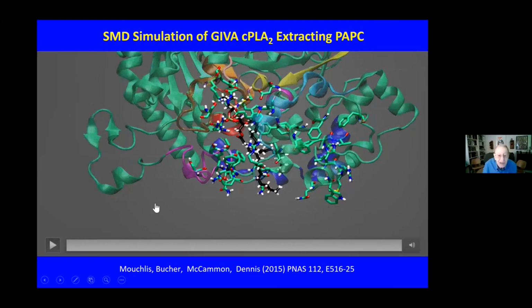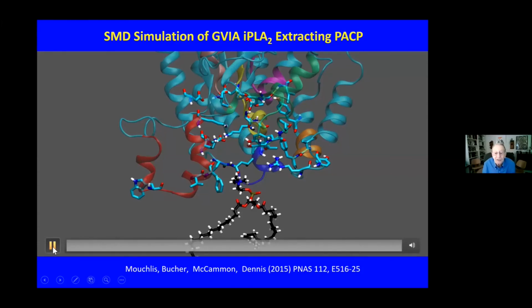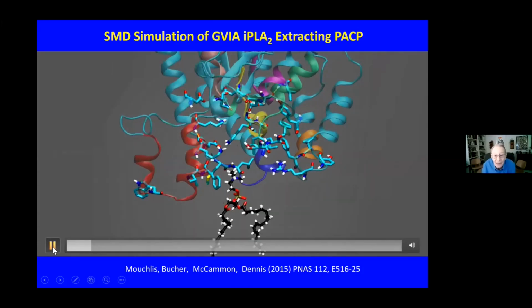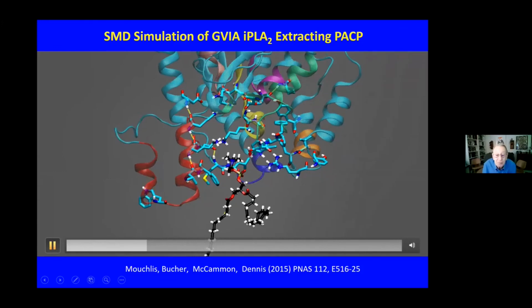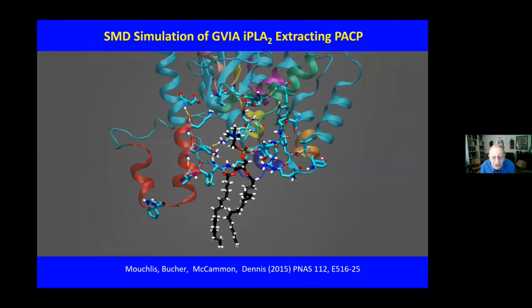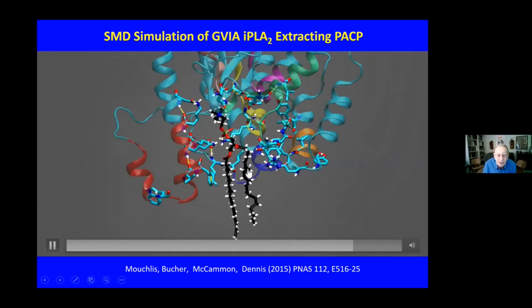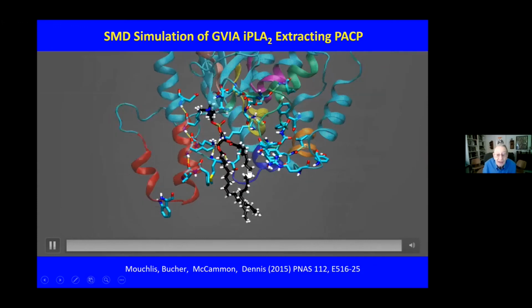Now, on the next slide is shown a different enzyme, the iPLA2, which I already mentioned as preferring linoleic acid, but it's shown here pulling up the same phospholipid as on the previous slide, in which arachidonic acid is in that middle or SN2 position, and where it's pulled to.